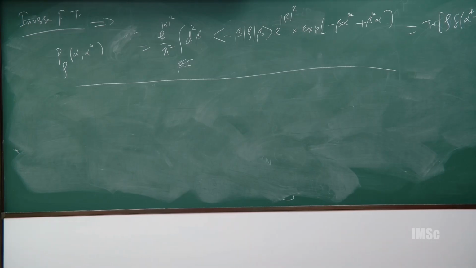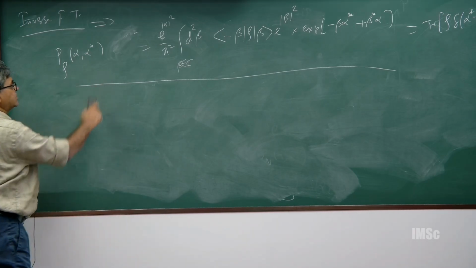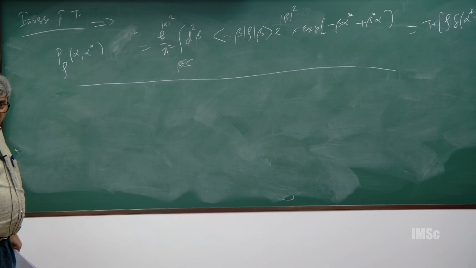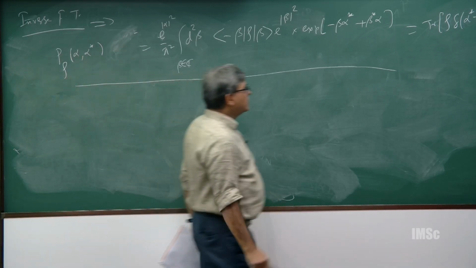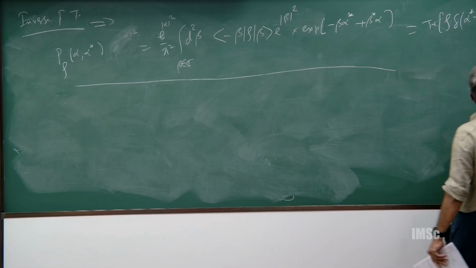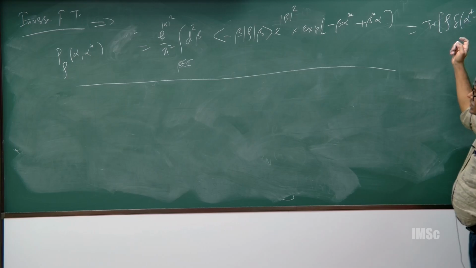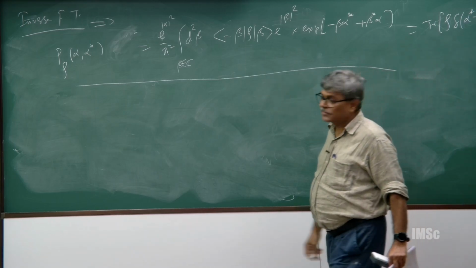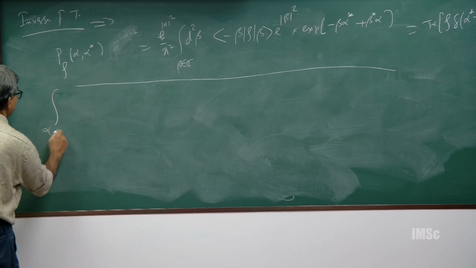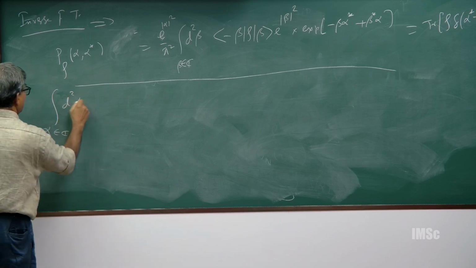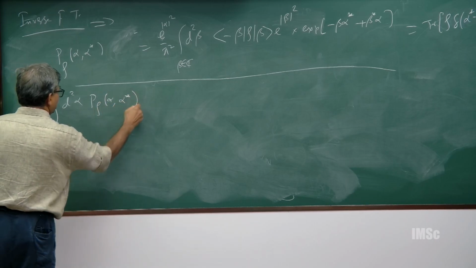But from the definition of this p rho, you can see that this is a real valued function. Why? Because if you take the complex conjugate of this, it will be the same as this, right. So, therefore, this is a real function. The other thing you can figure out is that the integral over alpha belonging to C d square alpha p rho alpha alpha star is equal to 1.